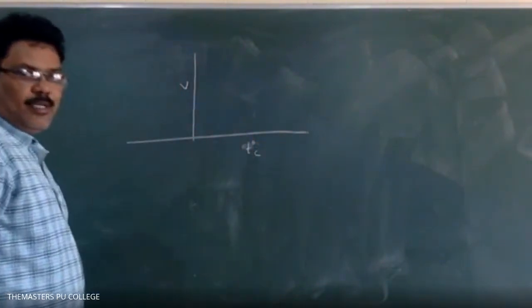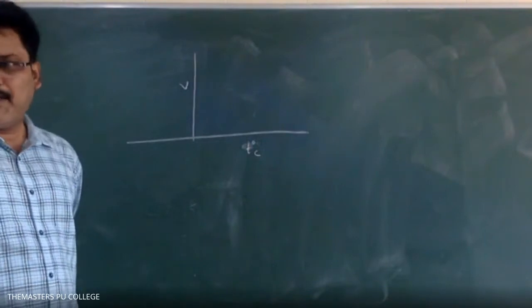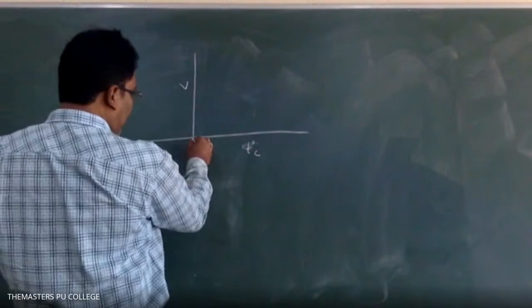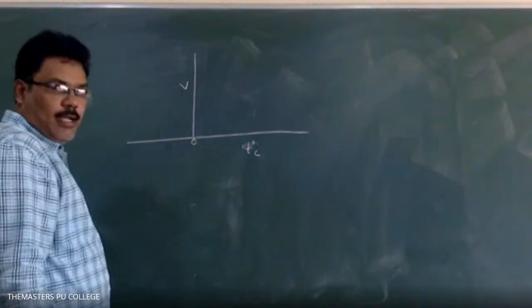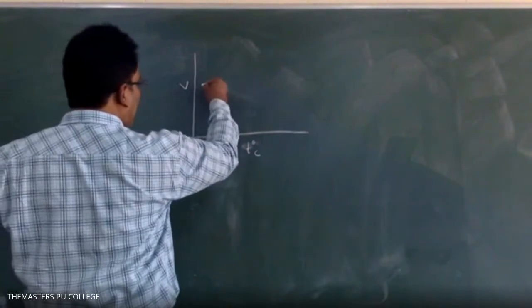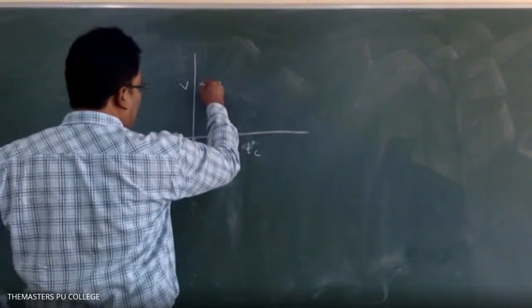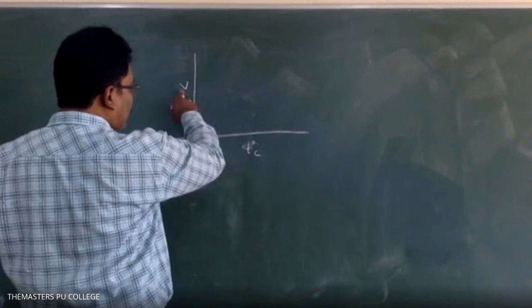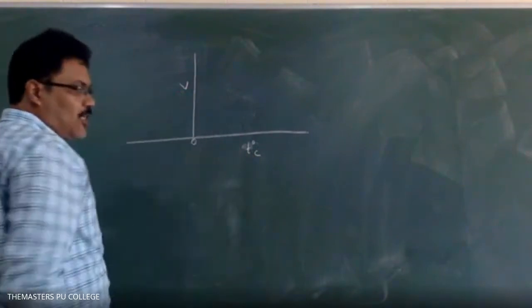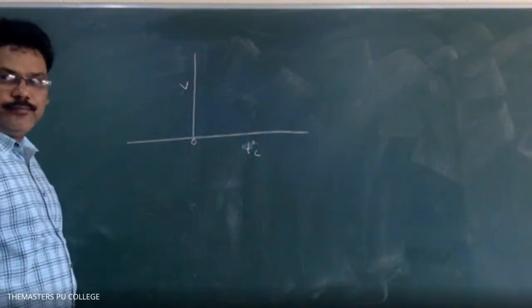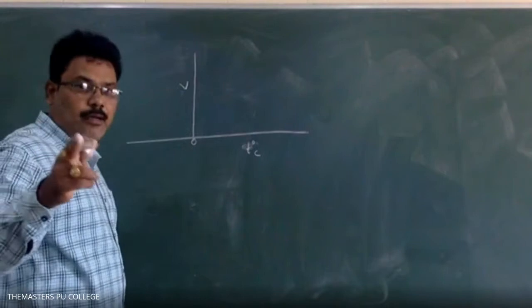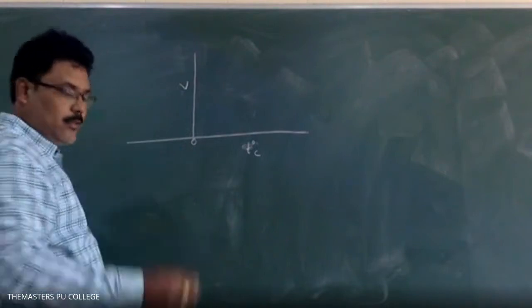If you take 0, the curve is obtained like this. For this y equals V and T relation, what did we get before, in the first statement equation?